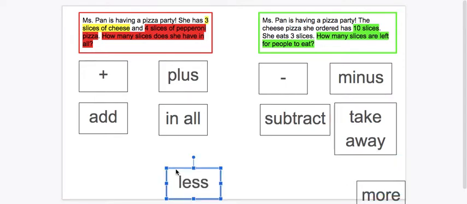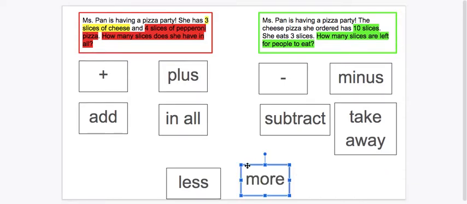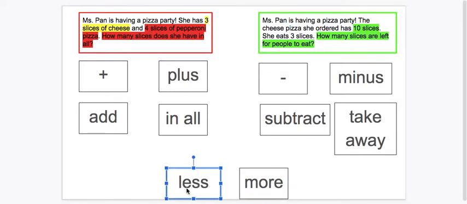Here's a tricky one. We have the word less and the word more. I want you to think about the answer to our addition problem and the answer to our subtraction problem. In an addition problem, if we're adding 2 parts, will our answer be less or more than when we started?